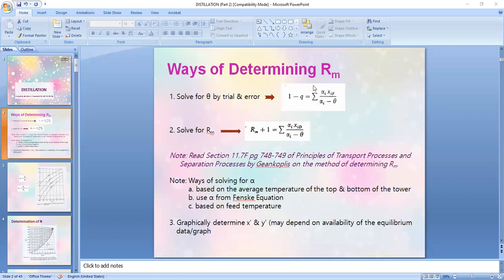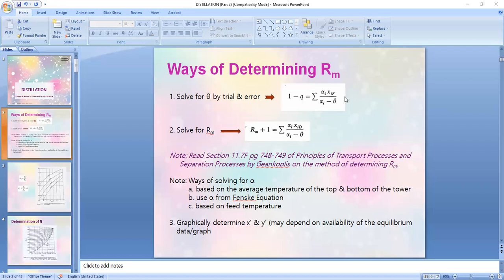Since this is a summation and since our distillation is limited only to binary systems, meaning we only have two components in our feed, expect that on the right side you will have two fractions, one that will represent A and one that will represent B. So if it's A, this will be alpha A, x sub A,F. F here means feed, alpha A minus theta.